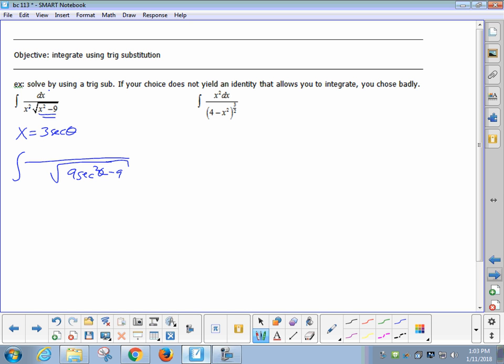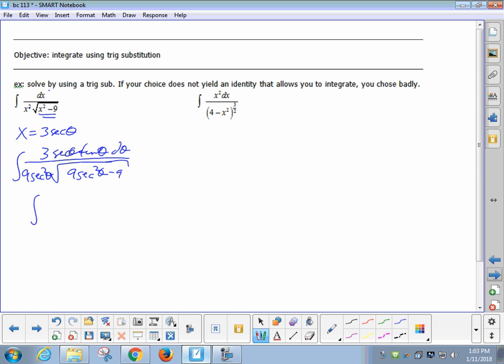That then means we can do the other pieces. dx, what will dx be? 3 secant theta tangent theta d theta, and what is x squared? 9 secant squared. Okay. Here's where we still have some work to do, cleaning up as quick as you can without error.